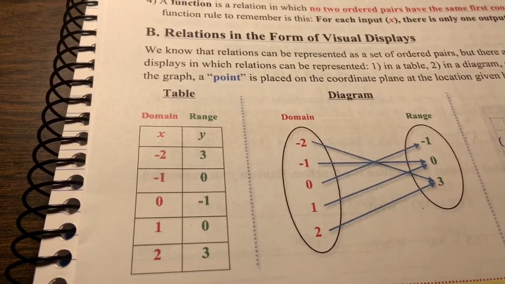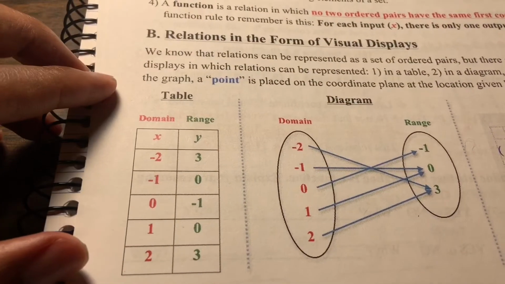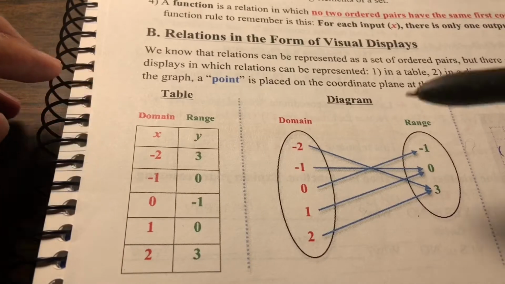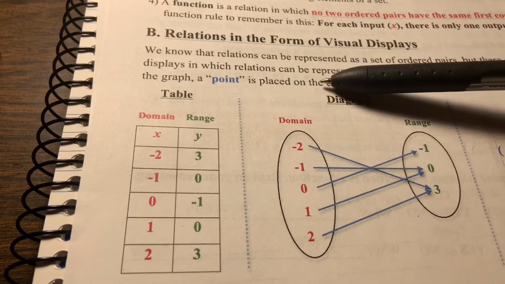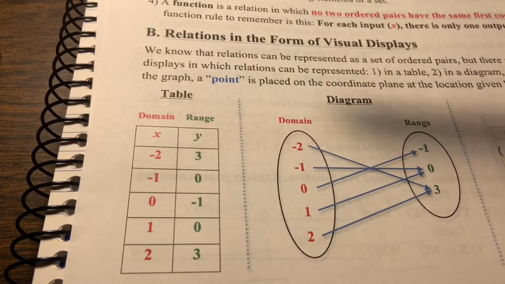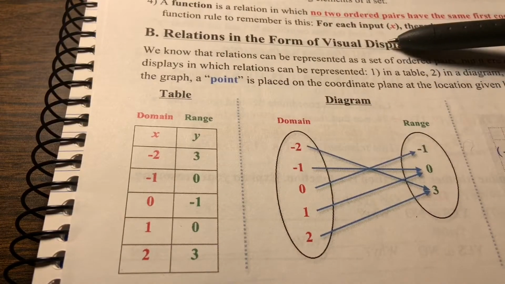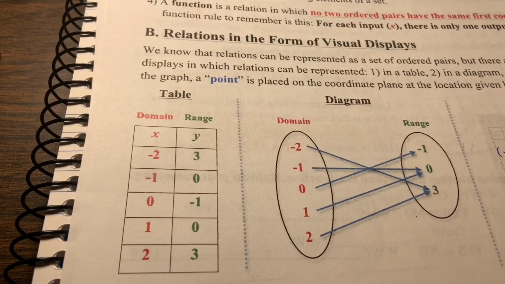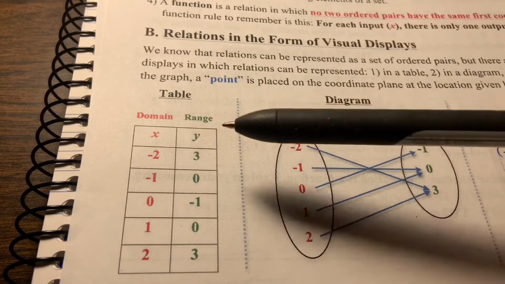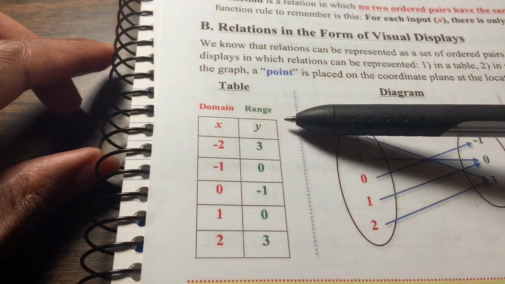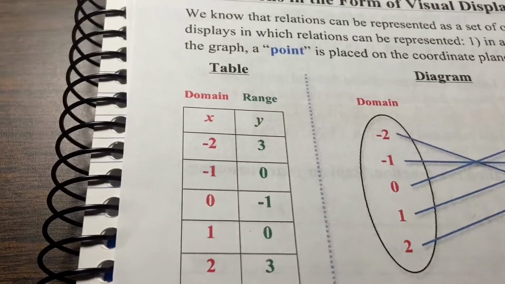So ladies and gentlemen, this is what I did. I took the same relation we've been talking about all along so far in this video, and I'm representing it in three different visual displays. So notice in the table display, let me zoom in.